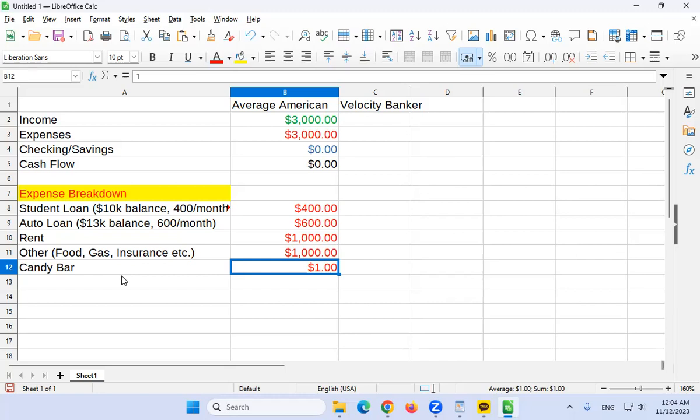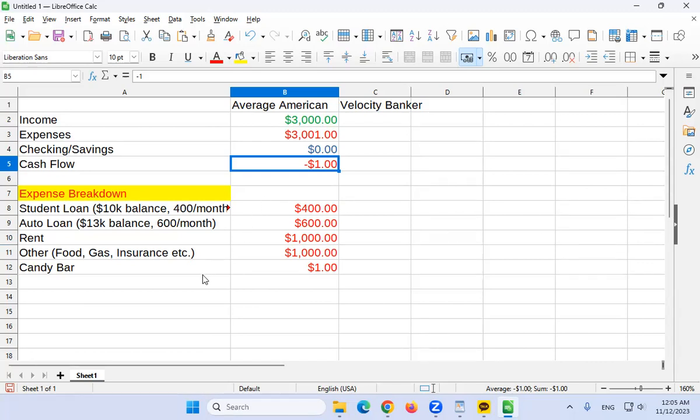Can I spend an extra dollar? No, I can't. So this is going to be 3001, negative $1 cash flow. And uh-oh, it automatically color codes this red because even LibreOffice, even the program knows that you can't have negative cash flow. So negative $1 cash flow.